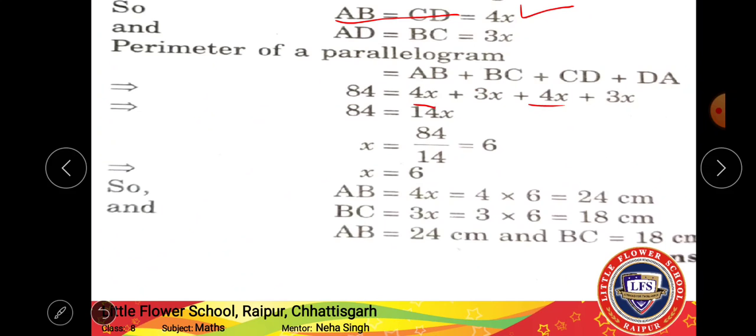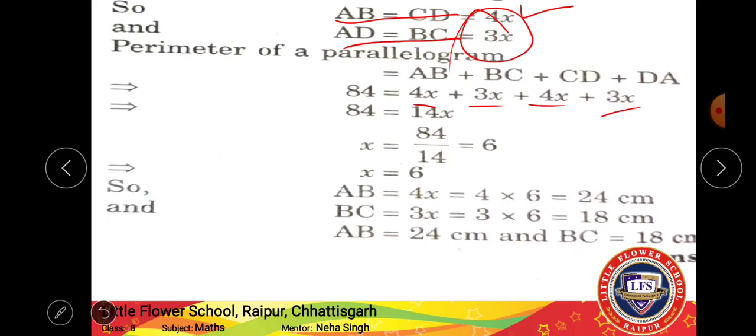You have studied all the properties of quadrilaterals and parallelograms in previous classes, and you need to recall them: opposite sides are equal, opposite angles are equal, and so on. Now AD and BC are also the same, that is 3x. So 84 is equal to 4x plus 3x plus 4x plus 3x.